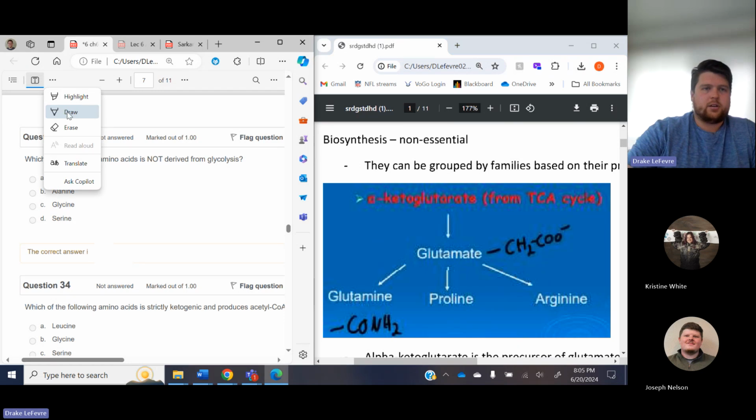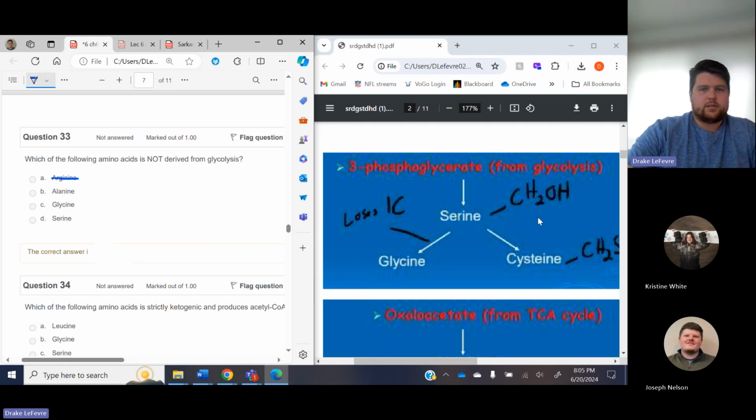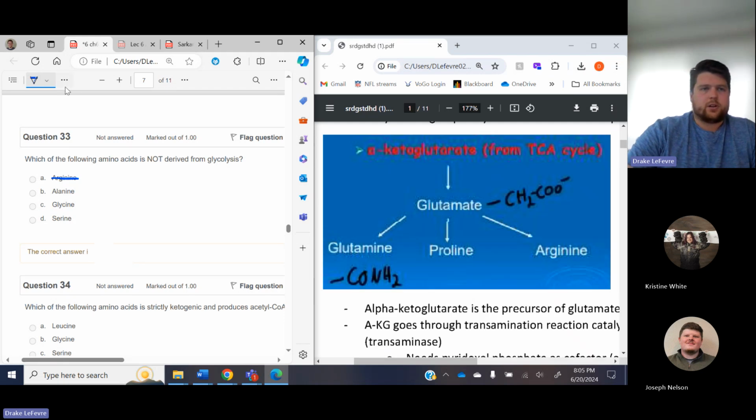Cross off arginine. That one is from glycolysis. Actually, hold up. I might have written that down wrong. Yeah, I did. Actually, we can highlight that because not derived from glycolysis, arginine is not from glycolysis. It is from the TCA cycle.